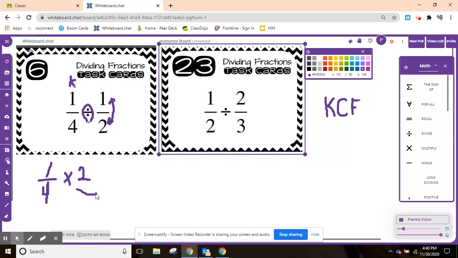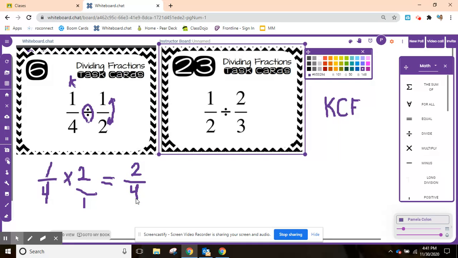And now the 1 is going to go on the bottom. So now we're going to multiply across. 1 times 2 is going to give us 2. And then 4 times 1 is going to give us 4.